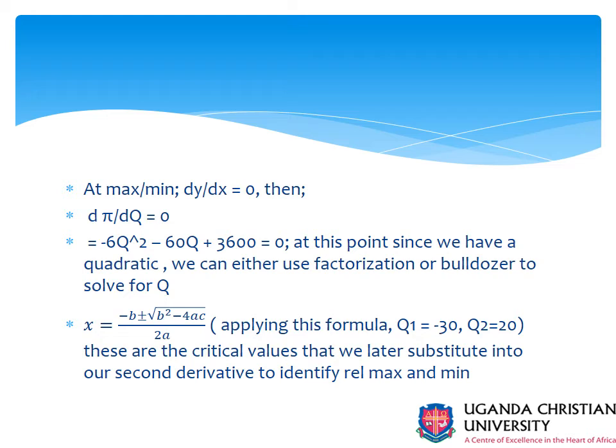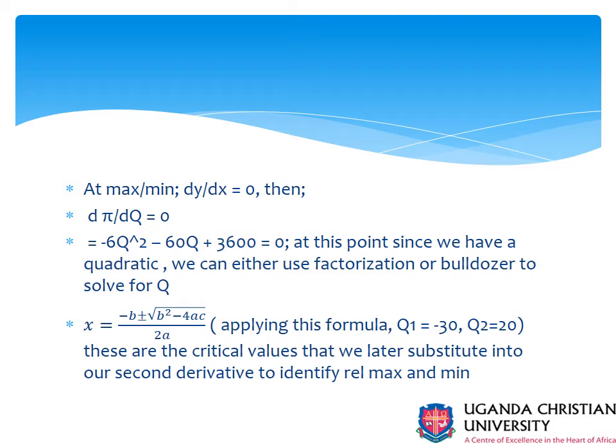So at this time we state that at maximum or minimum, dy/dx is equal to 0, and that means that we are going to equate our derivative to 0. So when we differentiate profits with respect to output, and we say it is equal to 0, it means that we equate that derivative we got to 0.